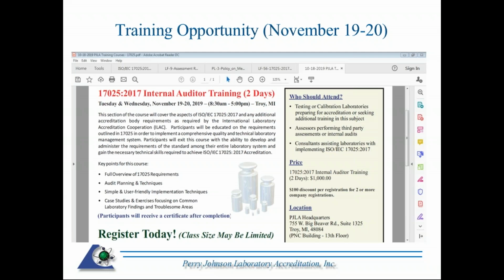So this is a two-day, in-depth look at the 17025-2017 requirements. During the course, we talk about objective evidence that can be presented to show that compliance is being met. There are group discussions, and there are also case studies done in class.